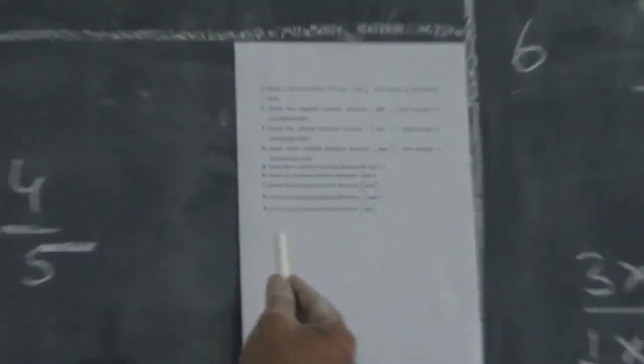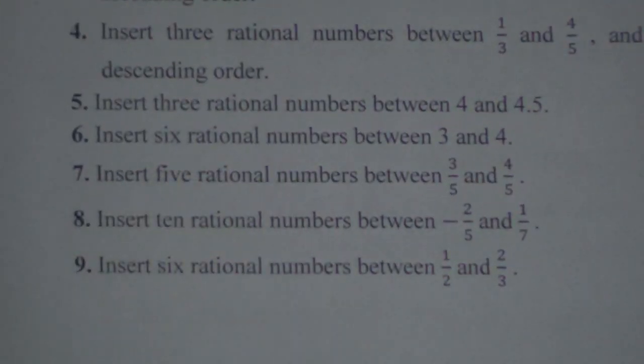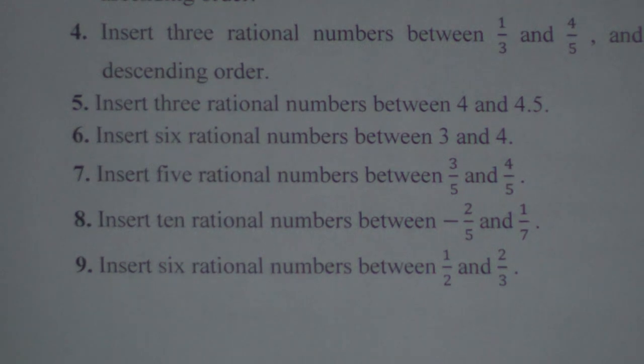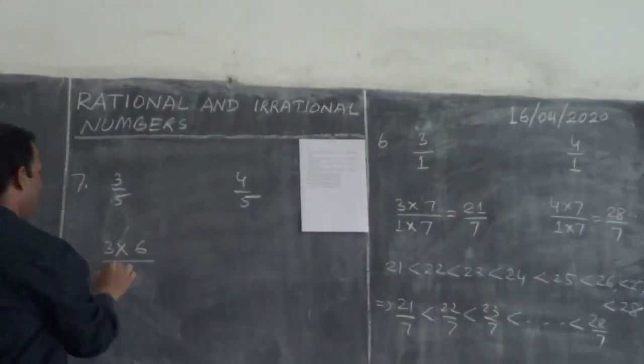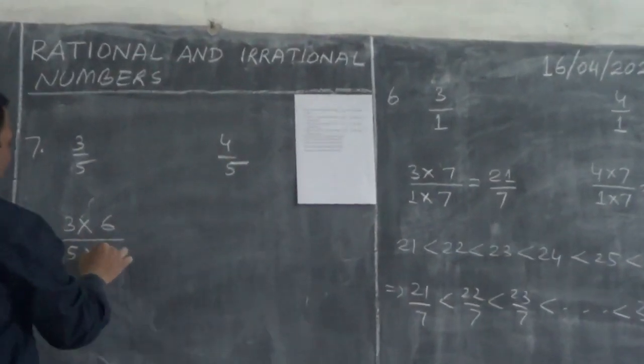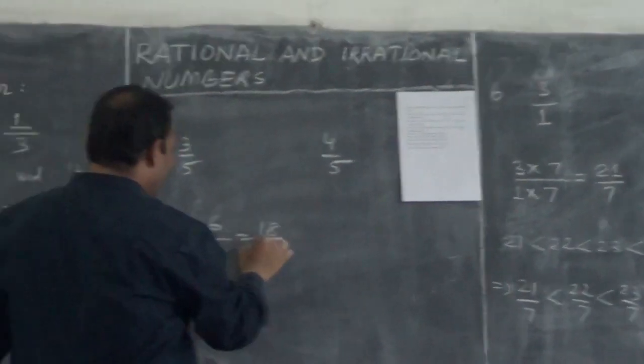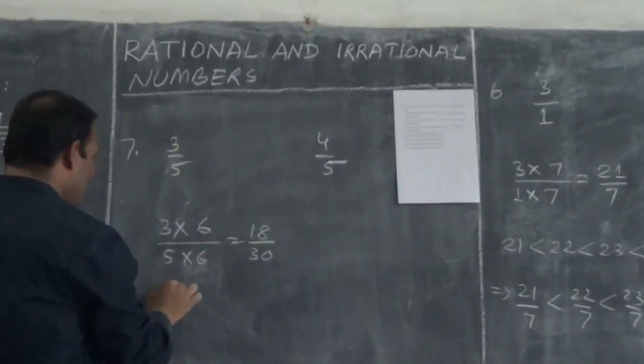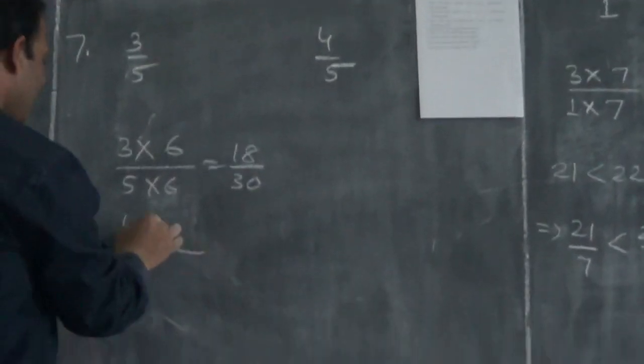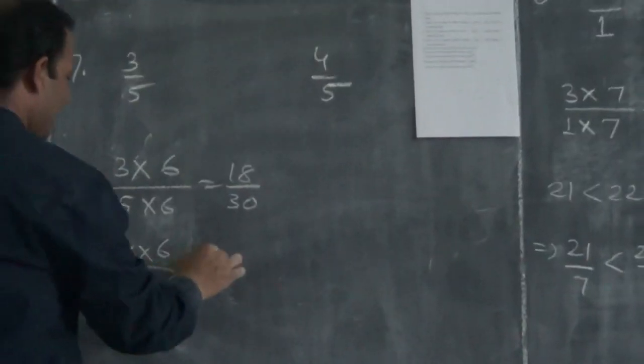How many numbers we have to insert, children? Insert 5 numbers. So 3 into 6. 5 numbers means 5 plus 1. And 5 into 6, 18 by 30. And 4 by 5 into 6 into 6.